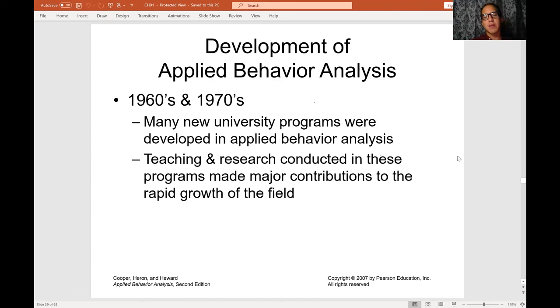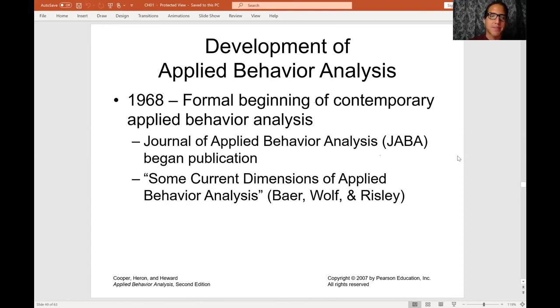In the 1960s and 1970s, many new university programs were developed in applied behavior analysis, right? The teaching and research conducted in these programs made major contributions to the rapid growth of the field. By this time, like it's saying here, there was research being conducted in university programs, and the field was growing exponentially.